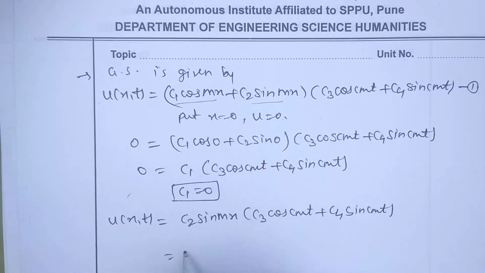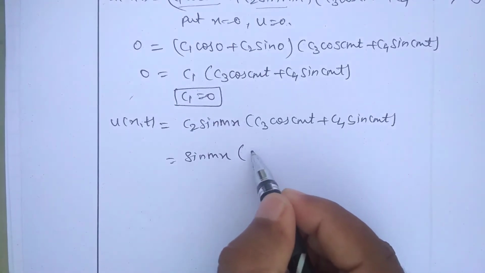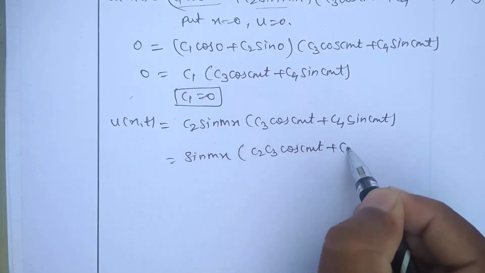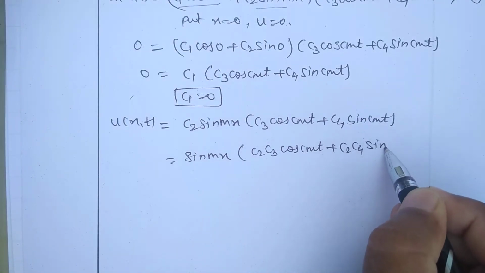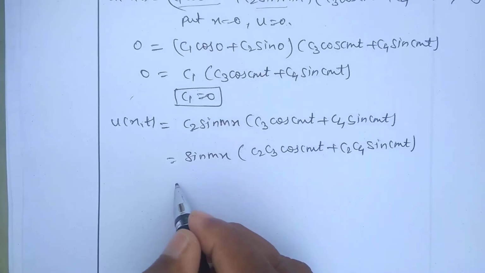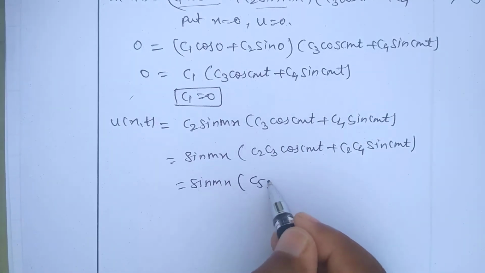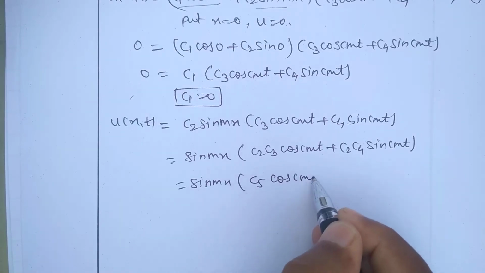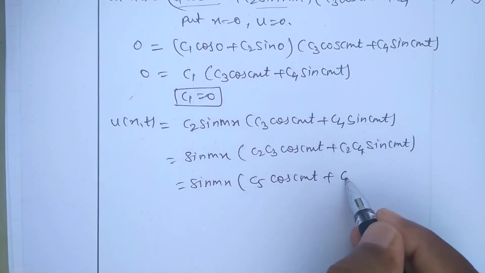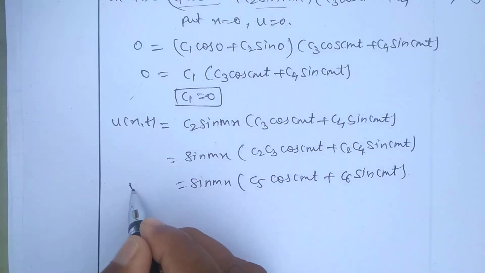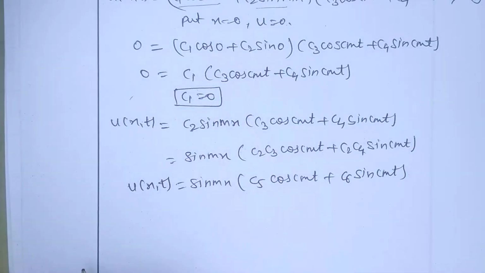Multiplying c2 inside, we get sin mx (c2c3 cos cmt + c2c4 sin cmt), which equals sin mx (c5 cos cmt + c6 sin cmt), where c2c3 is another constant c5 and c2c4 is c6. This is u(x,t).